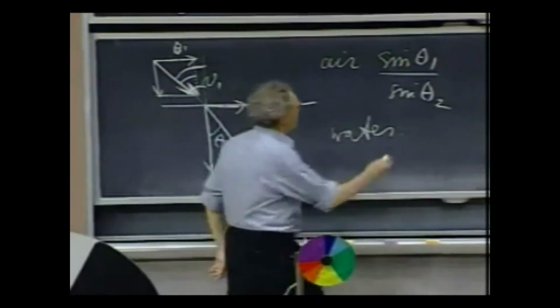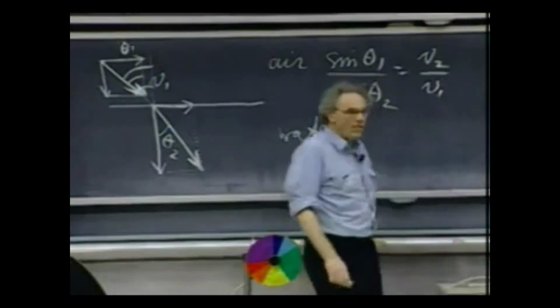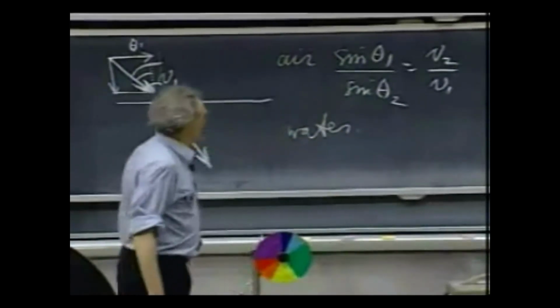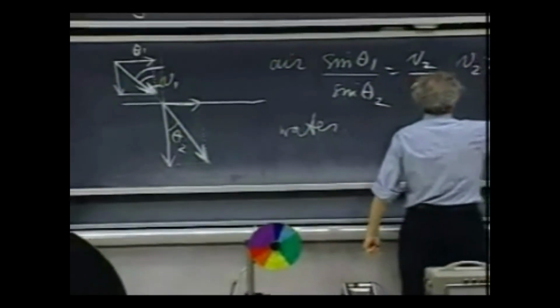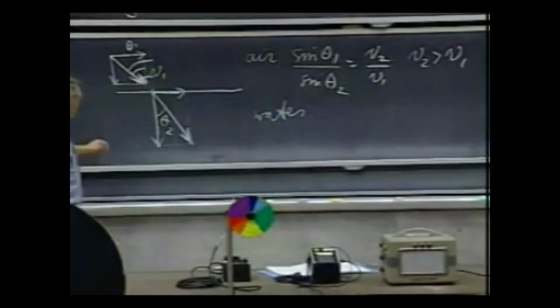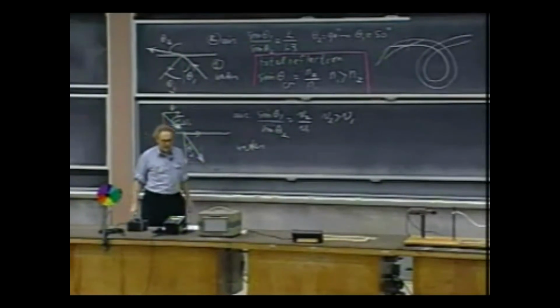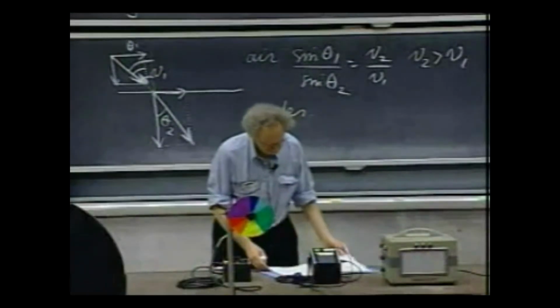And so you immediately find that this ratio is v2 divided by v1. A great victory for Mr. Newton. Except there was one problem, maybe, that it means that v2 is larger than v1. And so Newton argued that the speed of light in water is larger than the speed of light in air. And in glass, of course, it would be even larger.